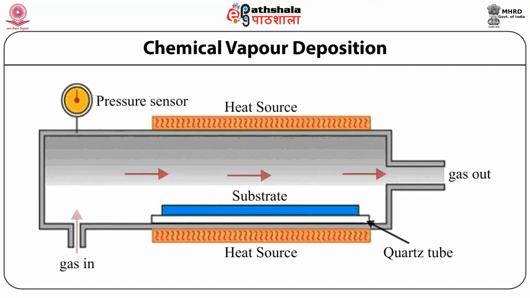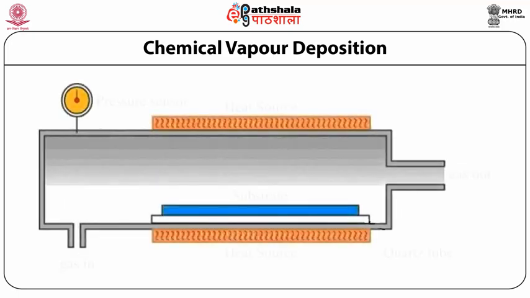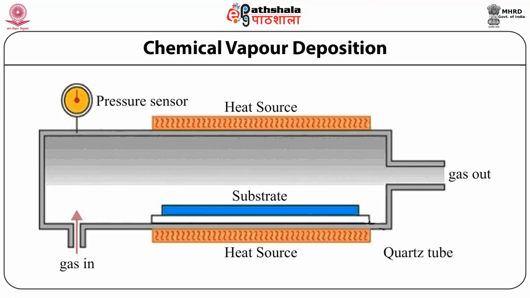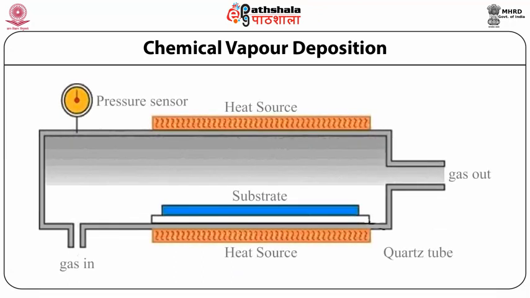The reactions occur on and near the hot surfaces where there is a heat source, resulting in the deposition of a thin film on the substrate surface. The chemical byproducts or unreacted gases are then eliminated from the reactor chamber via the exhausting system.